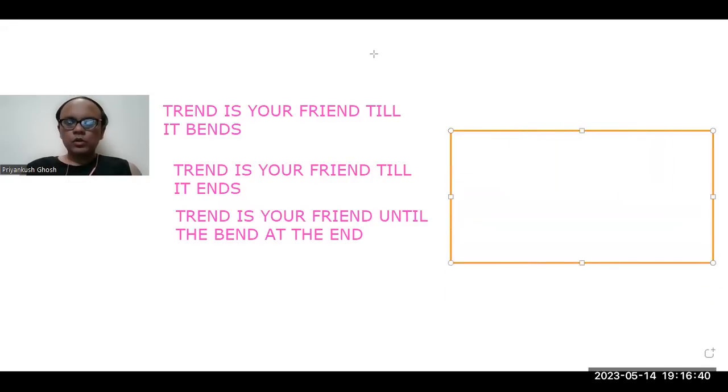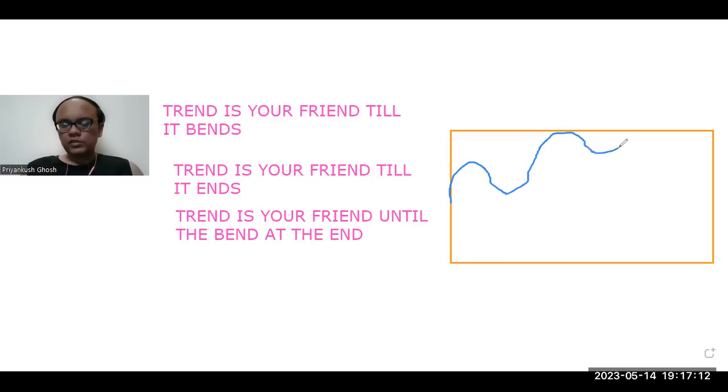I will show you something, changing the color. So say there is some stock which is moving like this, okay?